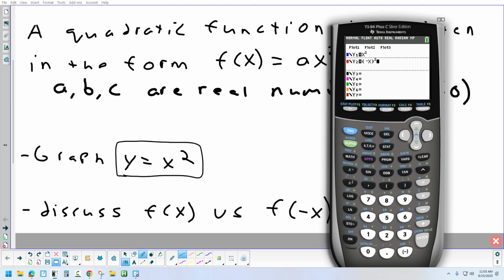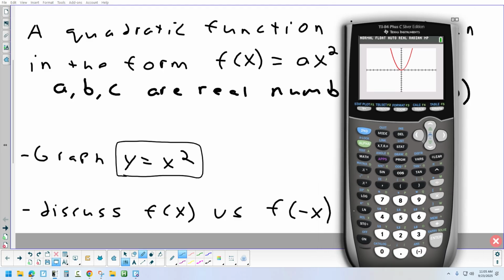Okay, and I want to look at the difference between those two. So I'm going to leave the top one, and I'm going to graph the bottom one with it. What's the difference between those two? Yeah, Jack? Nothing. There is no difference.